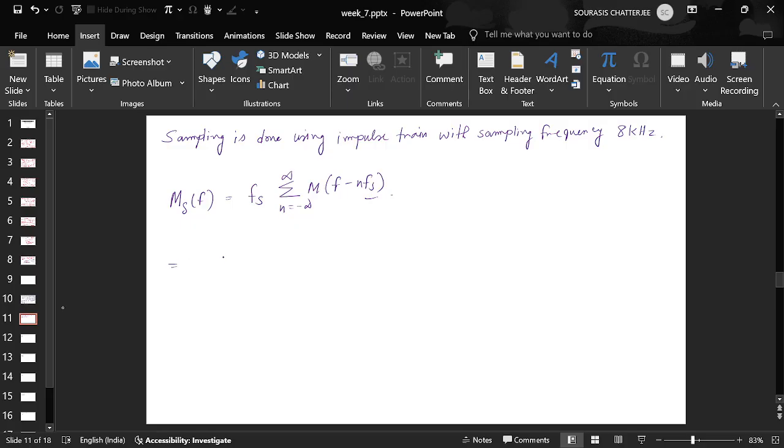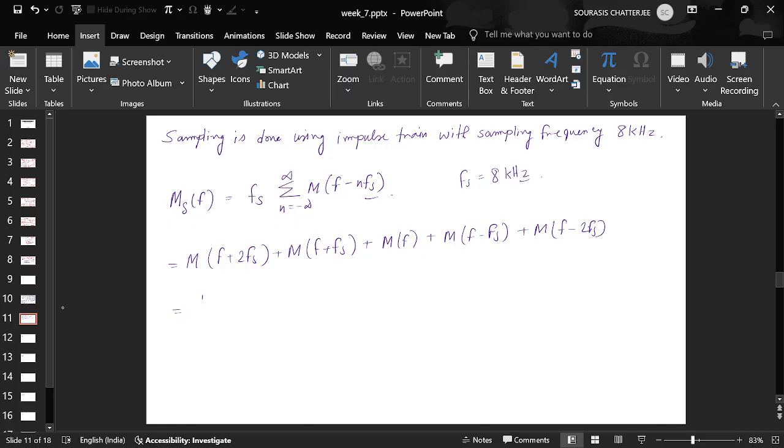So for this particular signal M(f), let us write the first 2-3 terms, ignoring the fs scaling for now: M(f minus 2fs), M(f plus fs), M(f), M(f minus fs), M(f minus 2fs). Here fs is 8 kilohertz.